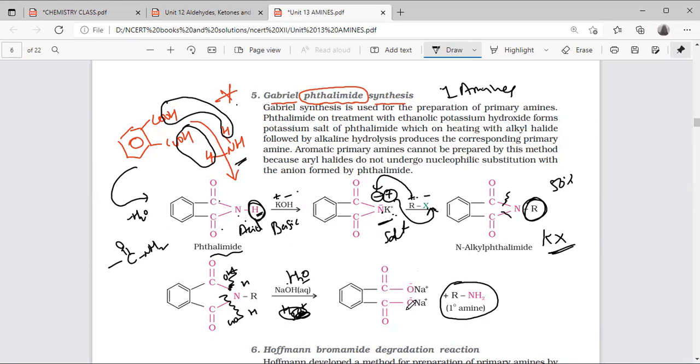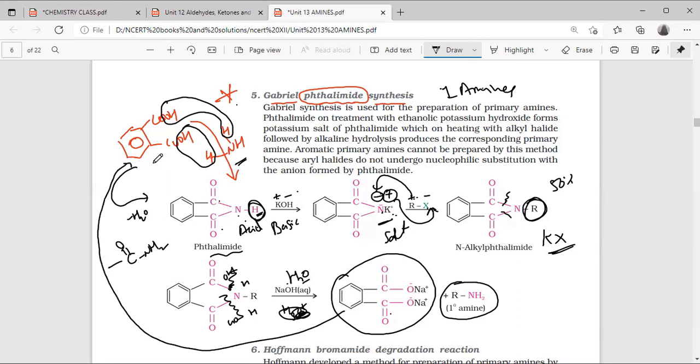If you do the hydrolysis, phthalic acid. If you heat it, phthalic anhydride. If you react with ammonia, phthalimide. So this compound we can reuse again. Then slowly it will come. Again reuse. This is our main product.